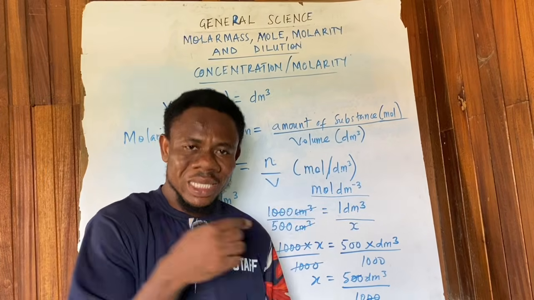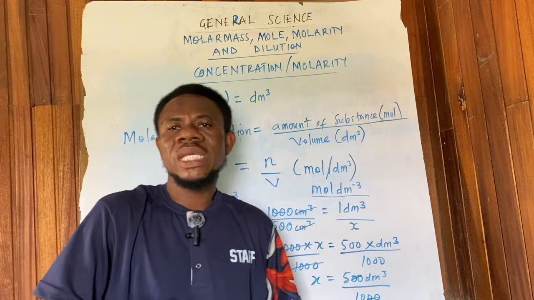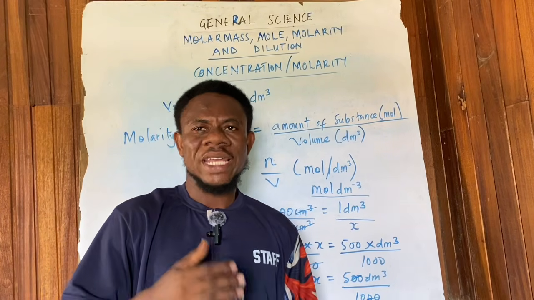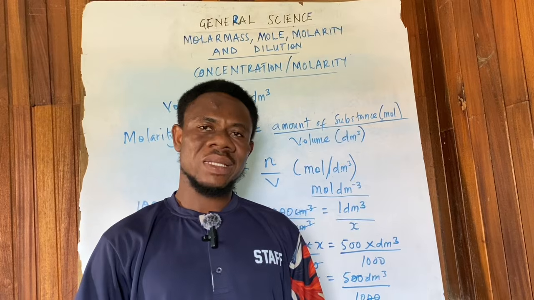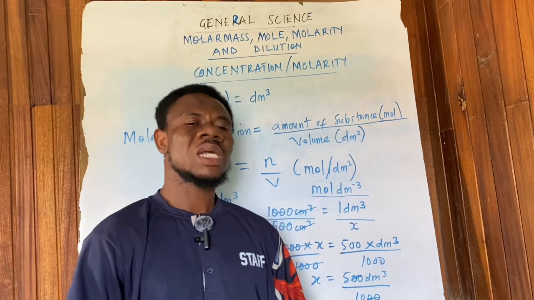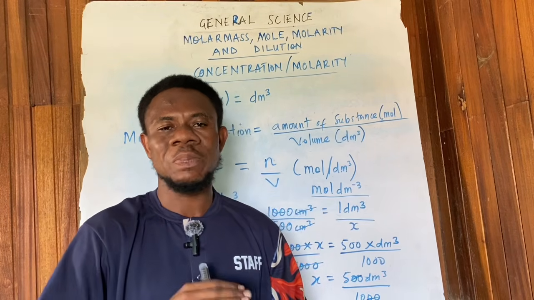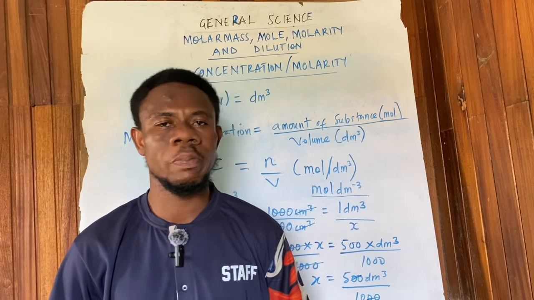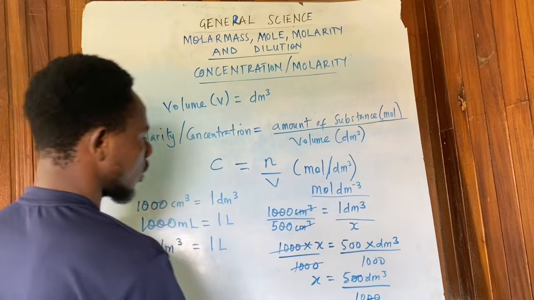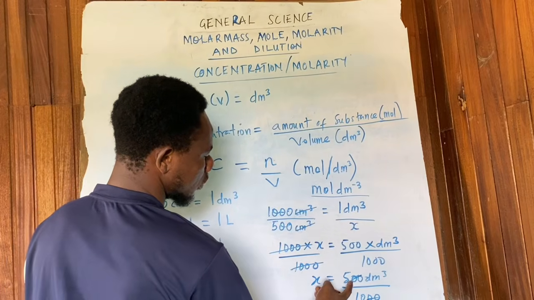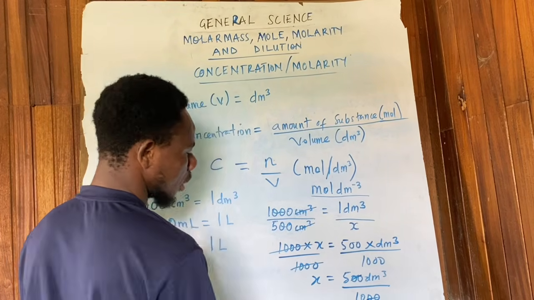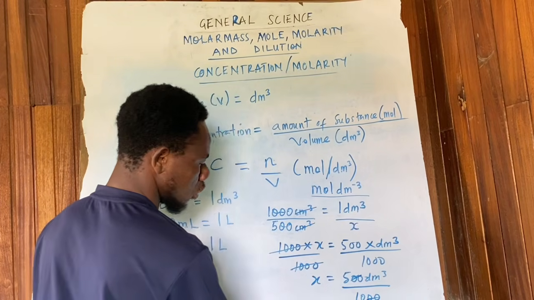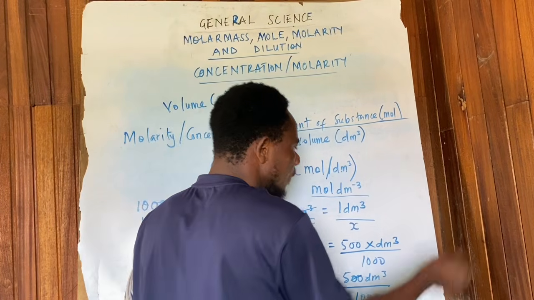Now this means if I am given my value in cm cube and I want to find the answer in dm cube, what I'll have to do is to divide by 1000. Just divide the value in cm cube by 1000. So my 500 here, I'll have to divide by 1000. I'm going to get 0.5, and the value you will get should be in dm cube.